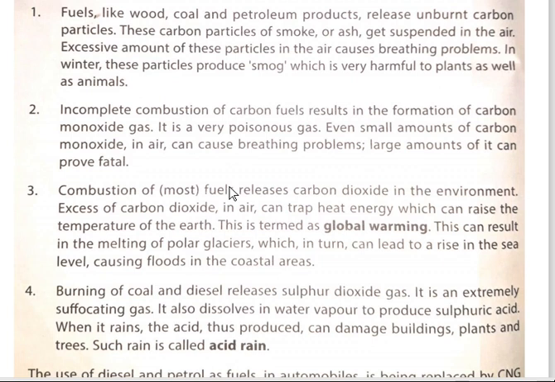Incomplete combustion of carbon fuel results in the formation of carbon monoxide, as we have discussed earlier. That incomplete combustion produces carbon monoxide gas, and it is very poisonous. Even a small amount of this in air can cause breathing problems and a lot of difficulties for us.